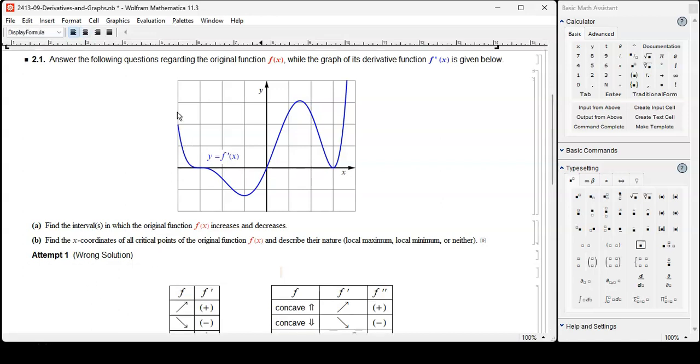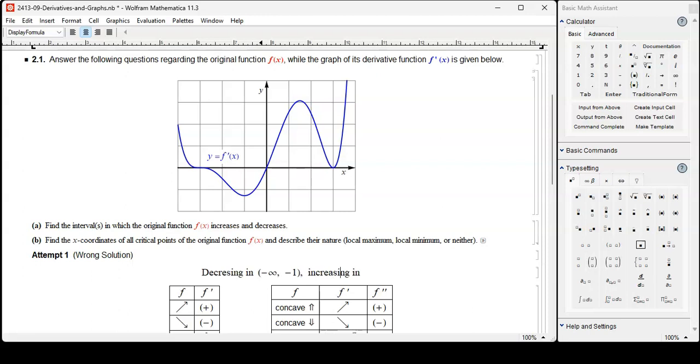So look at this graph. Graph decreases down, so negative infinity to negative 1. Excuse me, sorry about the typo. Decreasing in negative infinity to negative 1.